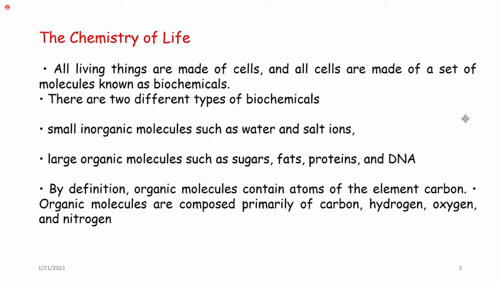So the difference between these organic compounds and inorganic compounds is that organic molecules contain atoms of elements like carbon, basically we have to concentrate there on carbon. And organic molecules are primarily composed of combinations of carbon, hydrogen, oxygen, nitrogen. In addition to that, they have phosphorus also in their structures.